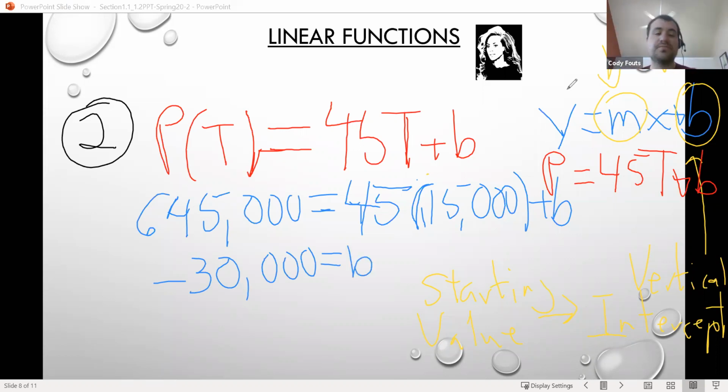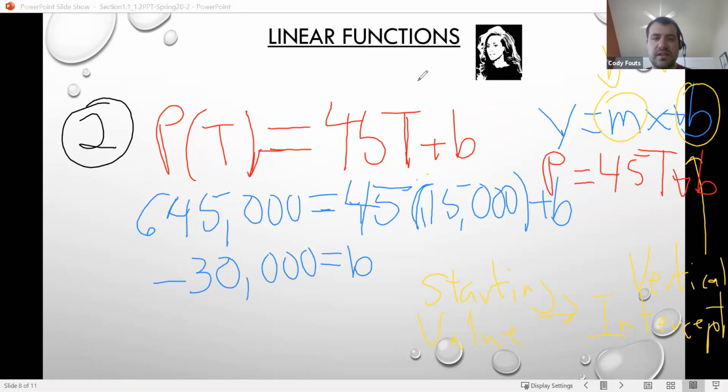Which you might think at first, a negative number doesn't seem to make sense, but let's also think about this. That's the value when 0 tickets are sold, and so we're saying the profit is negative, so hopefully that makes sense because if she hasn't sold any tickets yet, she probably hasn't made any money, and there might be some cost for setting up the concert or something like that.